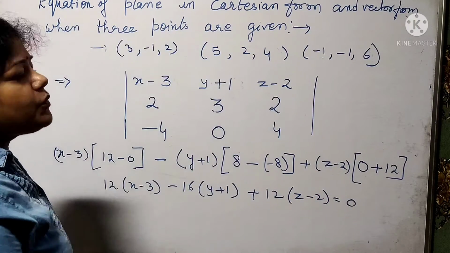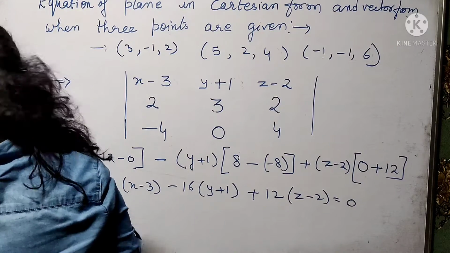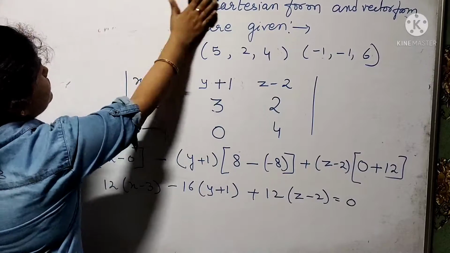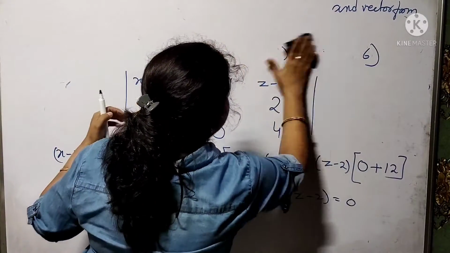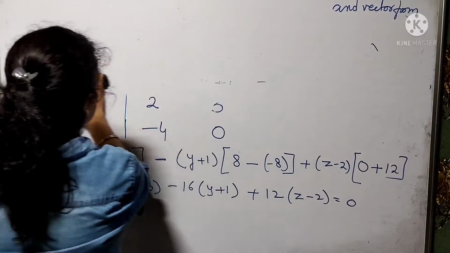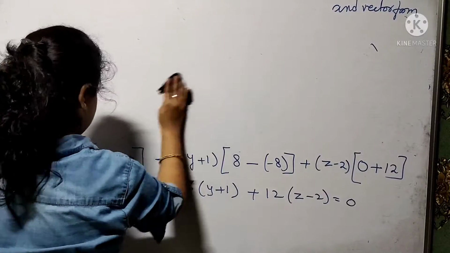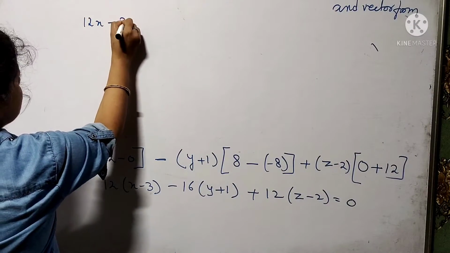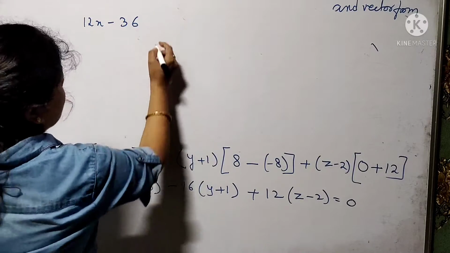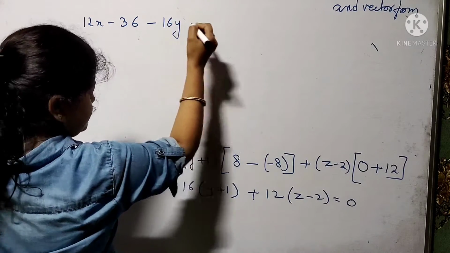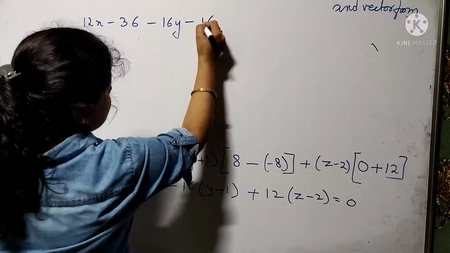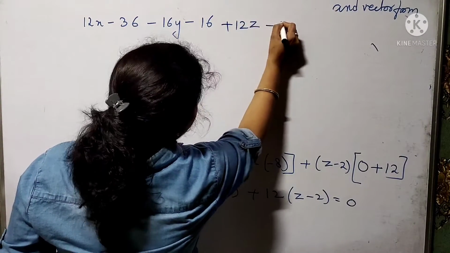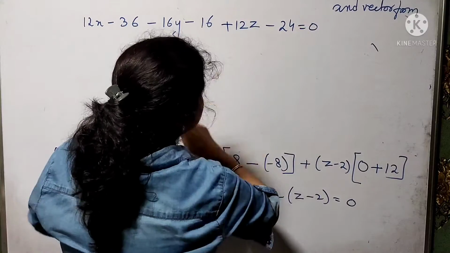Now we solve this equation and ultimately we get the equation of the plane for these 3 points. Now see how we solve that. We multiply it, we get 12x minus 36, then minus 16y minus 16, then plus 12z minus 24, which is equal to 0.